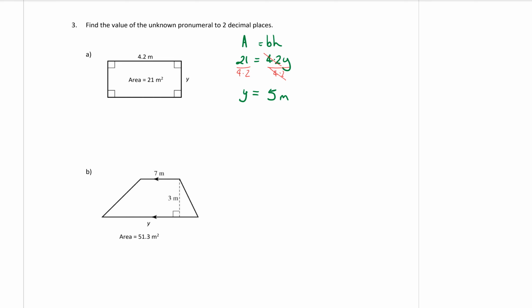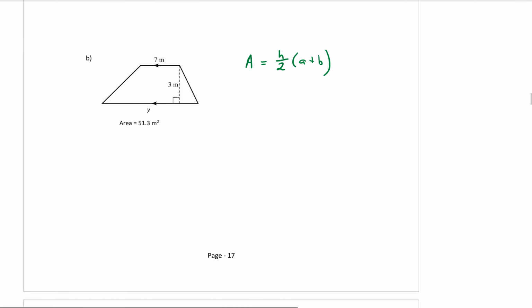All right. B. It is a trapezium. So the trapezium formula is A equals H over 2 bracket A plus B. Sub in all the things that we know. Down here it tells me the area is 51.3, equals the height.